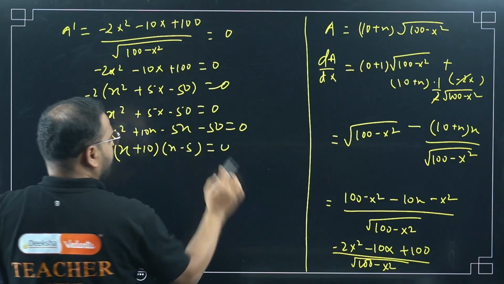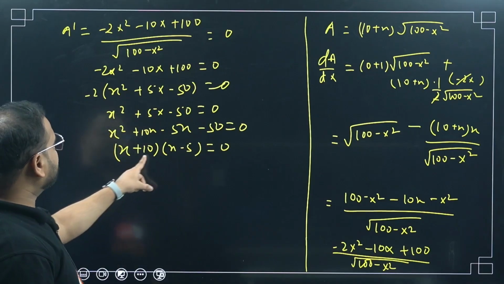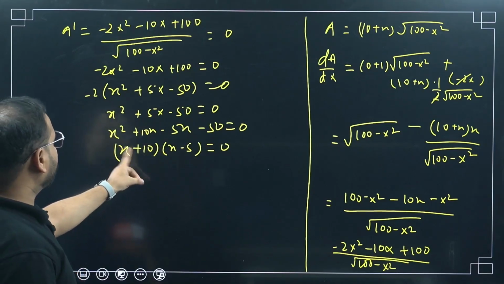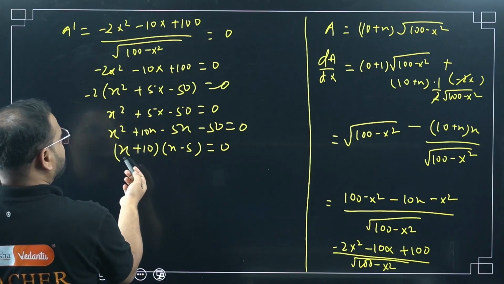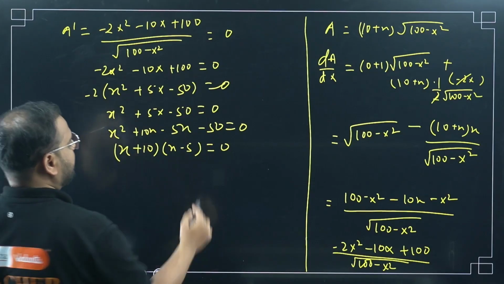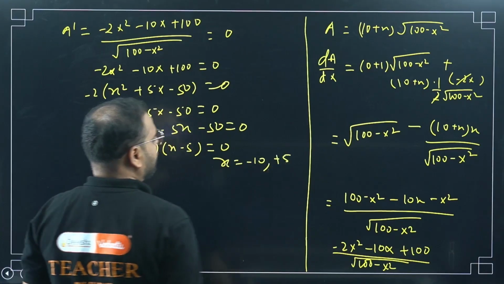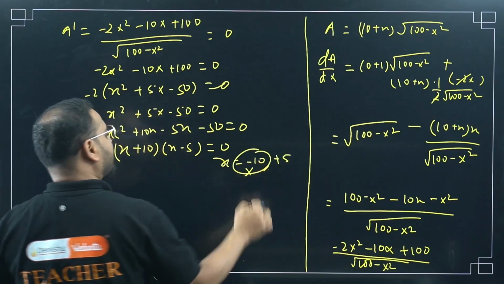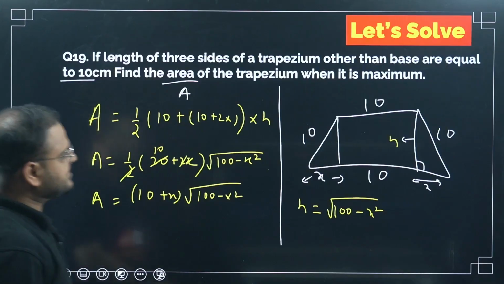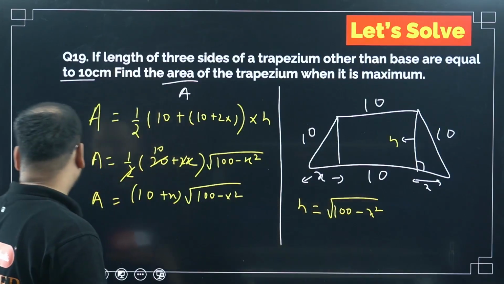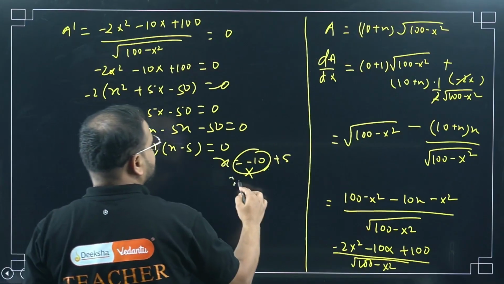Please check here: x plus 10, x minus 5. If you put it equal to 0, I'll get x equals minus 10 and plus 5. I can't take minus 10. The length cannot be negative. What is my answer? 5 only. My answer is 5. This is my only critical point.